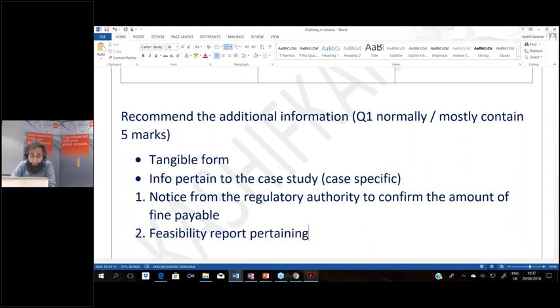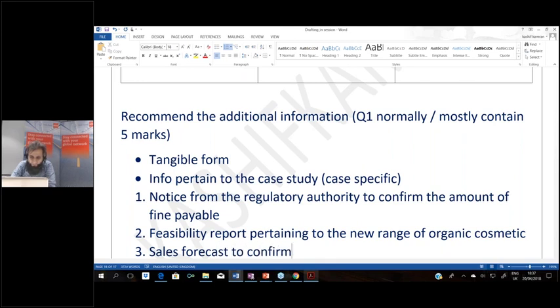pertaining to the new range of organic cosmetics. I might be needing the sales forecast to confirm the commercial viability of the organic cosmetic.